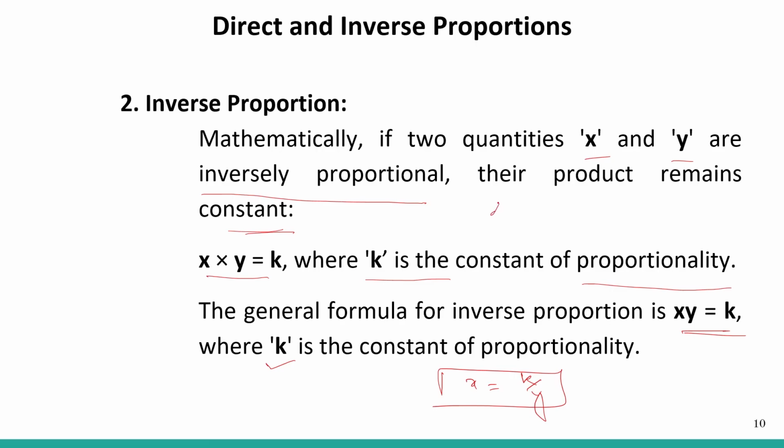If alpha is inversely proportional to beta, we can also write this as alpha is directly proportional to 1 by beta.